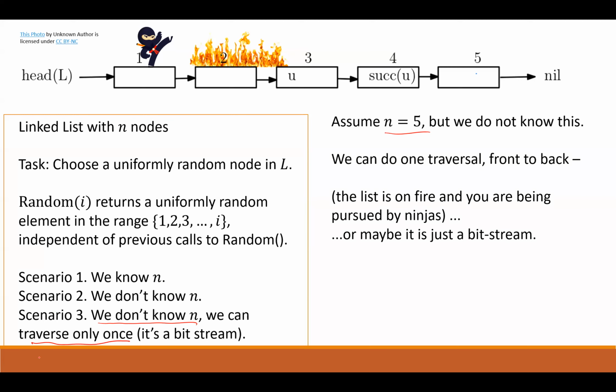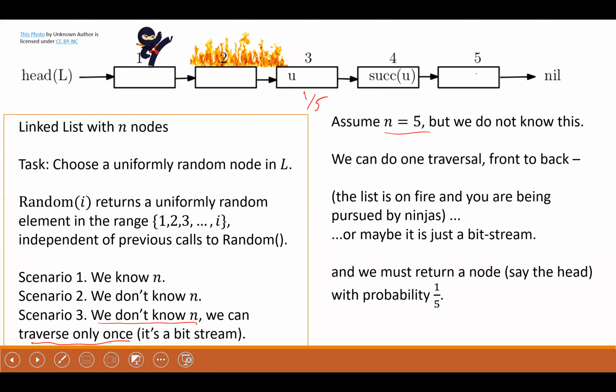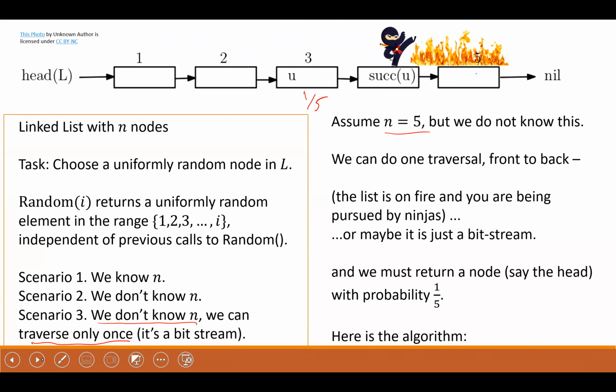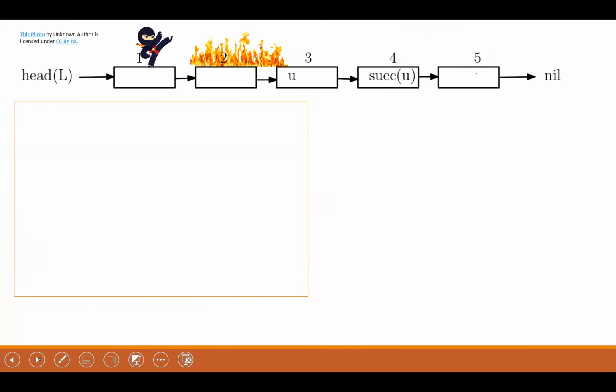And by that we mean, of course, with probability 1/5. It could be any node with equal probabilities, but we don't know the size. All right, so let's look at the algorithm for that. Yes, the fire and the ninja are chasing you through the linked list.